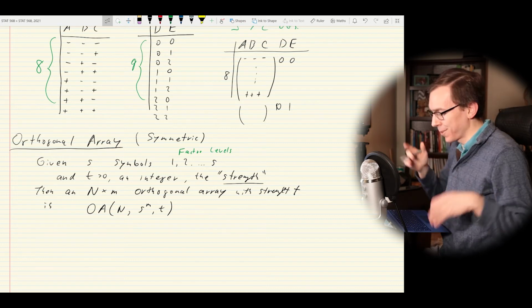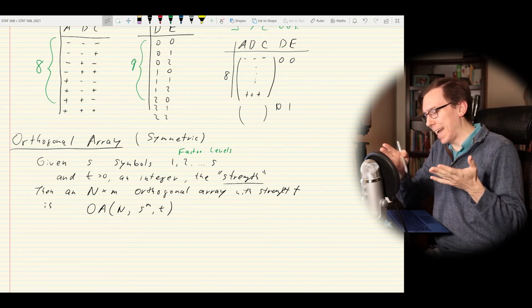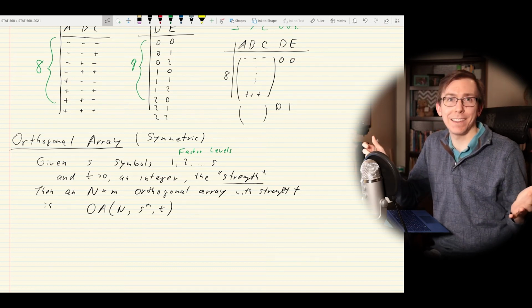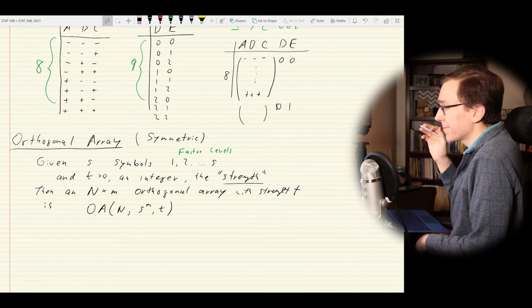That's our notation. It's an orthogonal array, N rows, S symbols, M columns, and strength T. So what does all this actually mean?